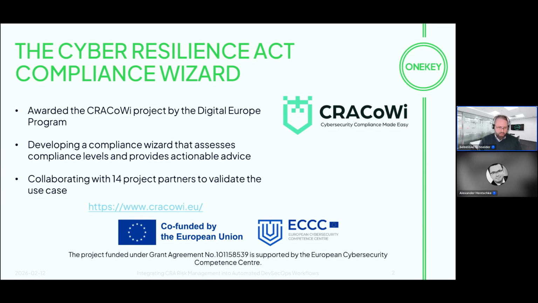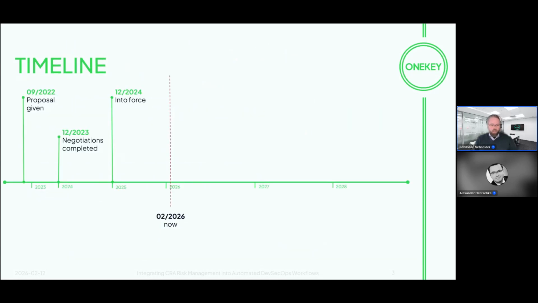So, having said this, let's jump over to the main part. We have here a timeline for the Cyber Resilience Act. You see here now we are in February 26. You see what happened previously. The Cyber Resilience Act is already in force, but not all the requirements are actually mandatory for products.